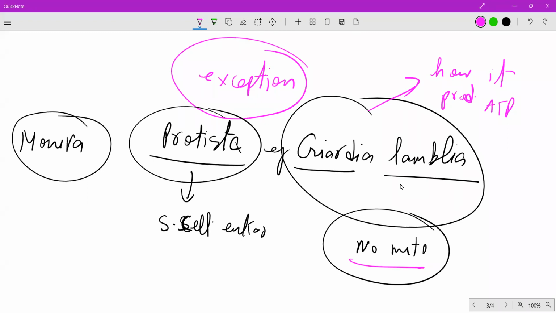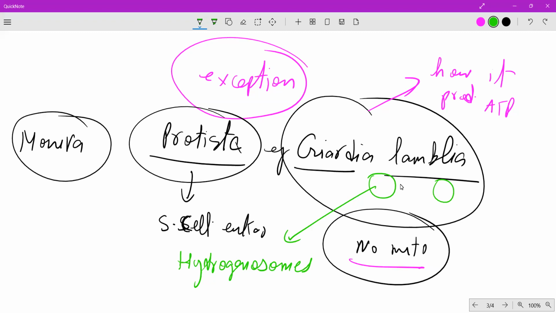We know in this Giardia lamblia, we have certain special organelles. We call these organelles hydrogenosomes. Many students have not heard of something called hydrogenosomes. They are also organelles which are present in certain protista and certain fungi.